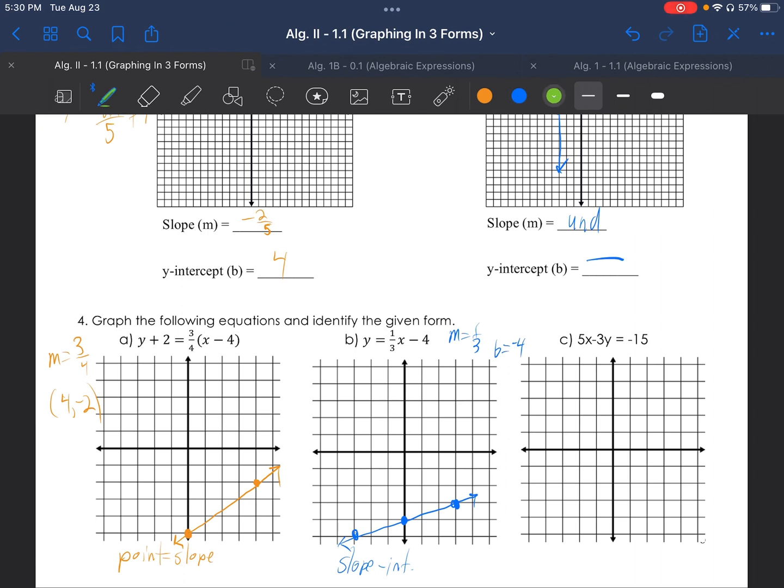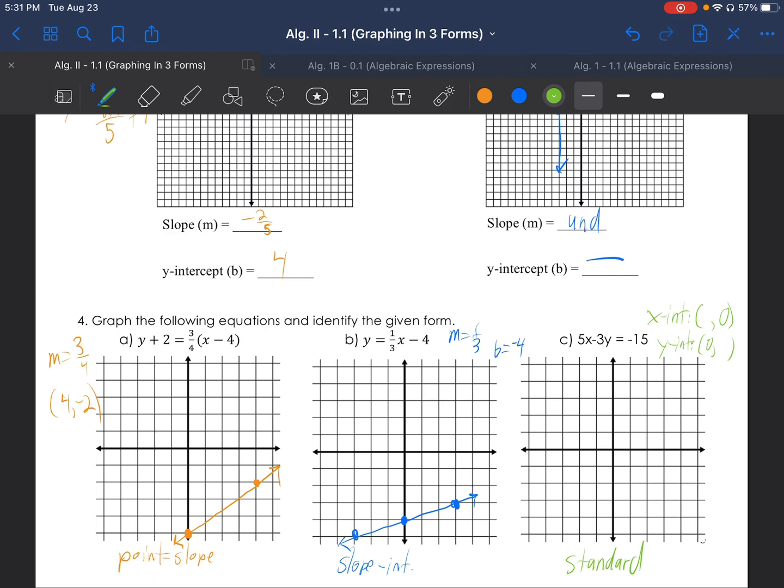And on to letter C, which is in standard form, which you might have guessed. Standard form, remember, it's a good idea to do x and y intercepts. The x-intercept is going to be plugging 0 in for y, and the y-intercept again will be plugging 0 in for x.